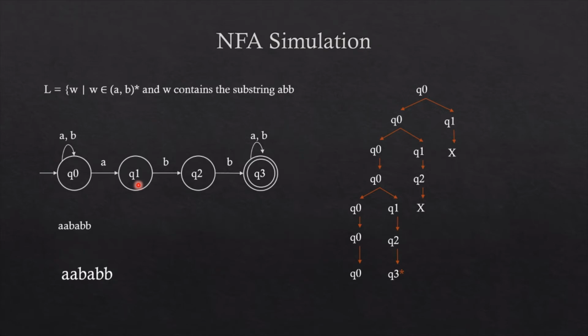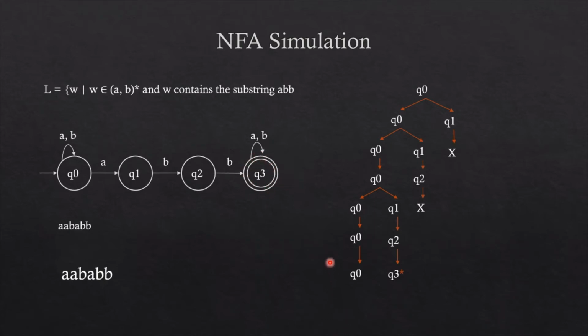Well, the last symbol, thankfully, is B. So from Q0, it goes to Q0. And from Q2, a very happy transition moves on to Q3 because this time, after seeing AB, we did see a B. And it leads us to the final state, Q3.